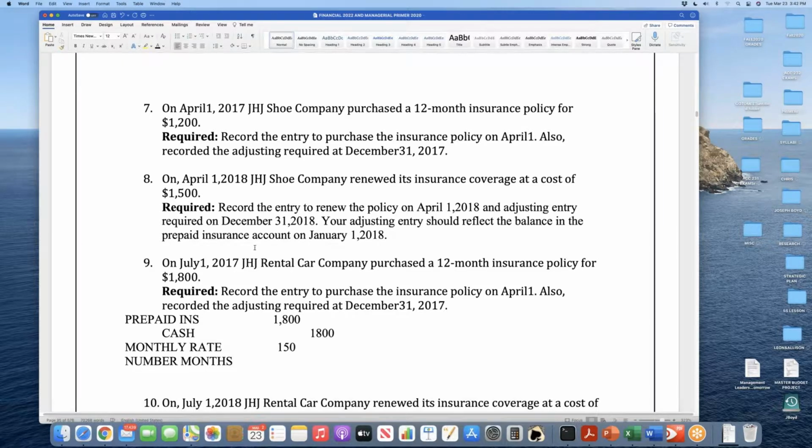How many months from July 1st to Christmas? You have to count July. Yeah, 6. So it's 6 months.